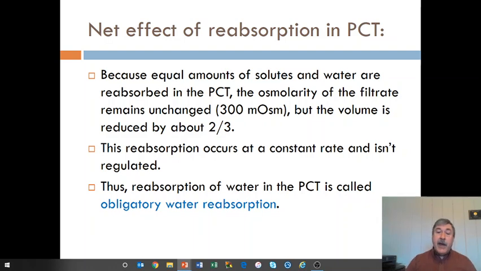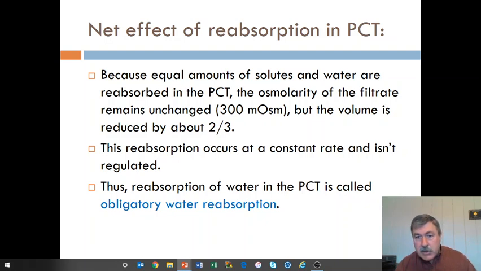So the net effect of all of this reabsorption of sodium and glucose and amino acids and other useful substances is that the osmolarity of the filtrate actually remains unchanged, because as more electrolytes are reabsorbed, more water is reabsorbed.